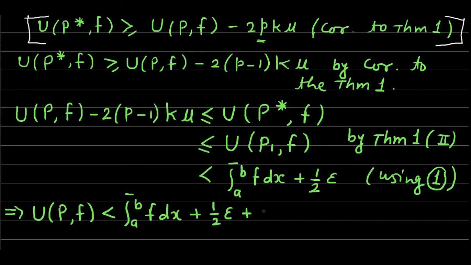So plus 2 (p minus 1) k mu. We have just transferred this term to the right hand side.